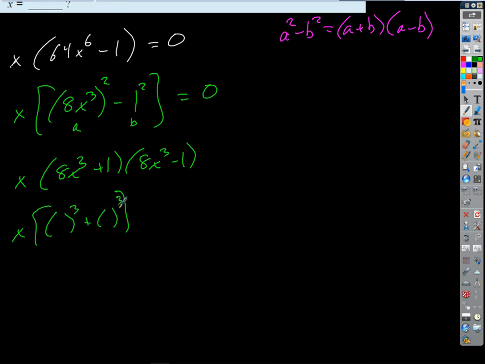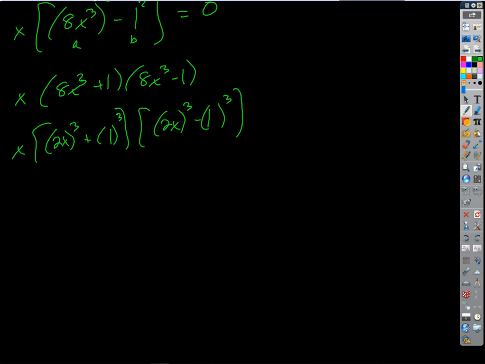What cubed is equal to 8 times x cubed? 2x. And then 1 cubed is 1, right? And then over here we're going to get 2x quantity cubed minus 1 cubed. Okay? So that works out pretty nicely then. These are each going to break apart.